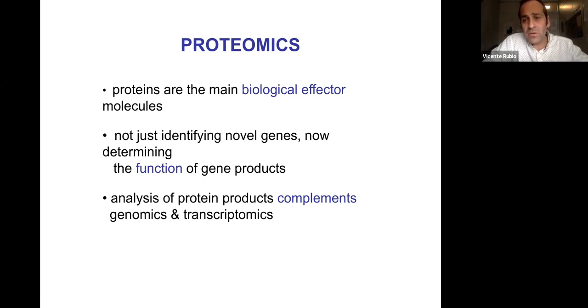Today we will focus on interactomics, which is related to functional proteomics. But as I said, all these three different types of proteomics complement genomics and transcriptomics to study in a general omic view of the functions of an organism, or even at the cell specific level.